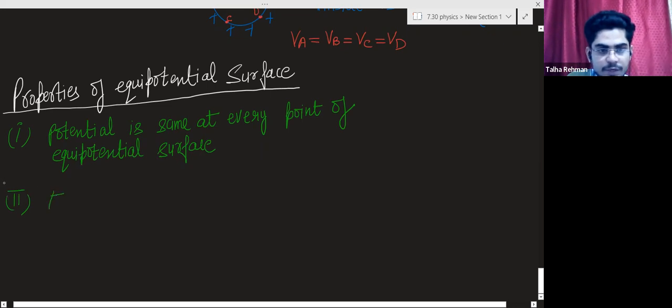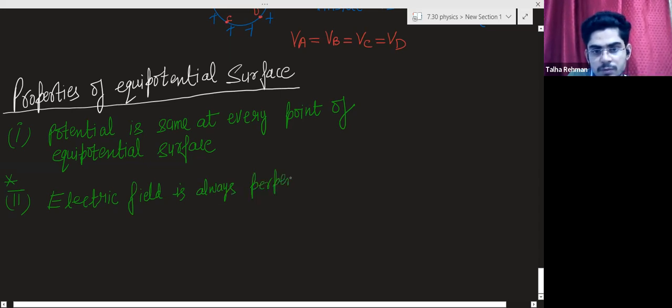The second thing is the important property: electric field is always perpendicular to the equipotential surface.